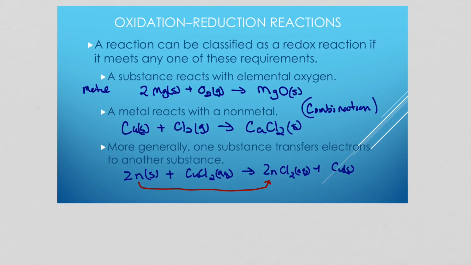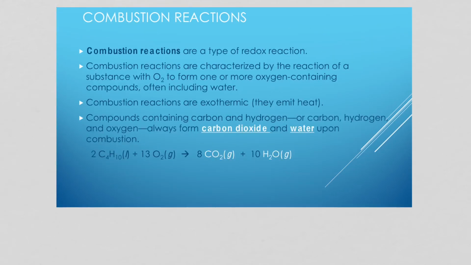And so the last type of redox reactions that we want to be able to identify again are these combustion reactions. They also involve a reaction with elemental oxygen, but instead of being a metal, it's a molecular compound interacting with oxygen.